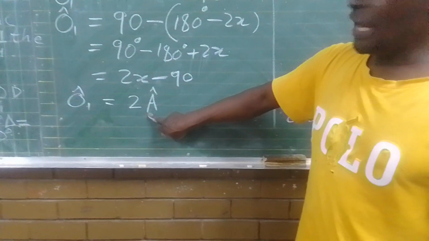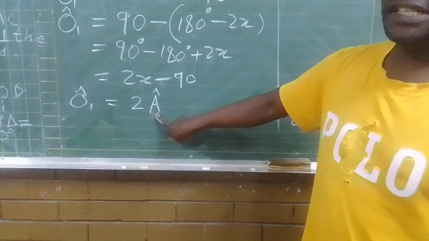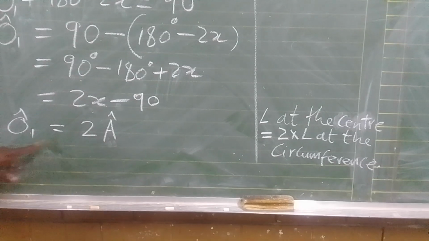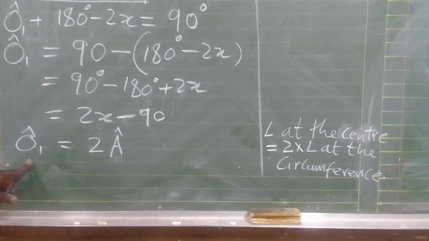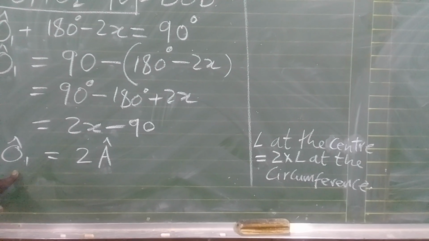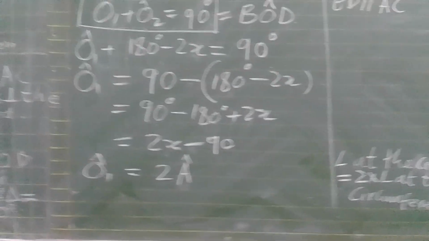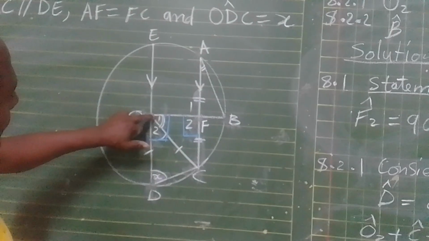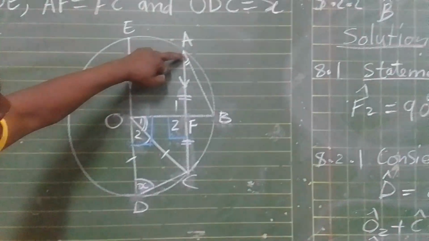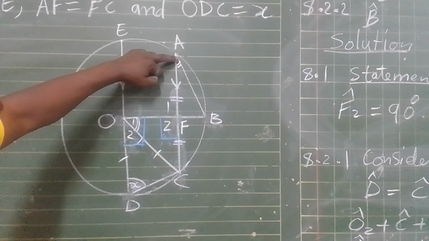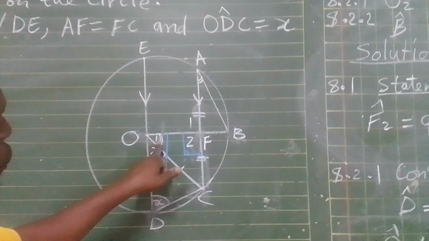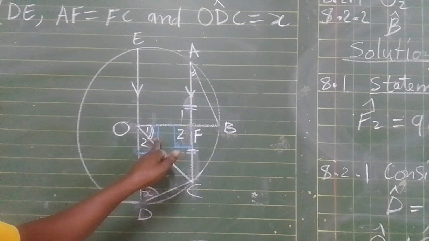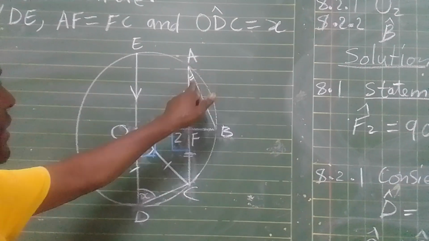A is in the circumference, O1 is in the center. Let's check that from the drawing. This is O1. O1 is in the center, A is in the circumference. This is twice this, or this is half this. That's why we are relating A.